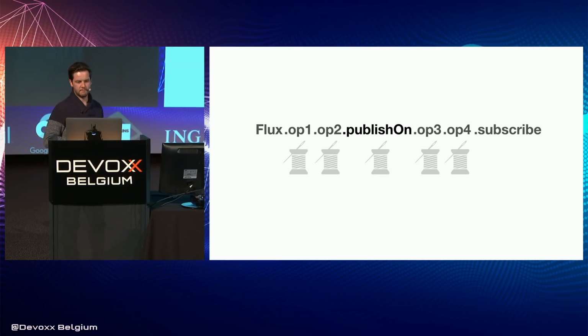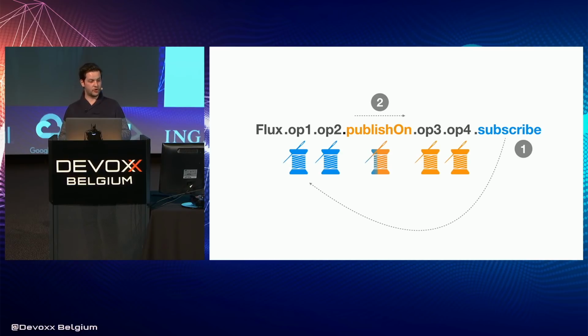So it would look like that. You have a Flux source, and you apply first operator, OP1, OP2. You chain in publishOn in the middle, and OP3, OP4, and then you subscribe. So what happens in terms of threads for each of these steps, 1, 2, 3, 4?